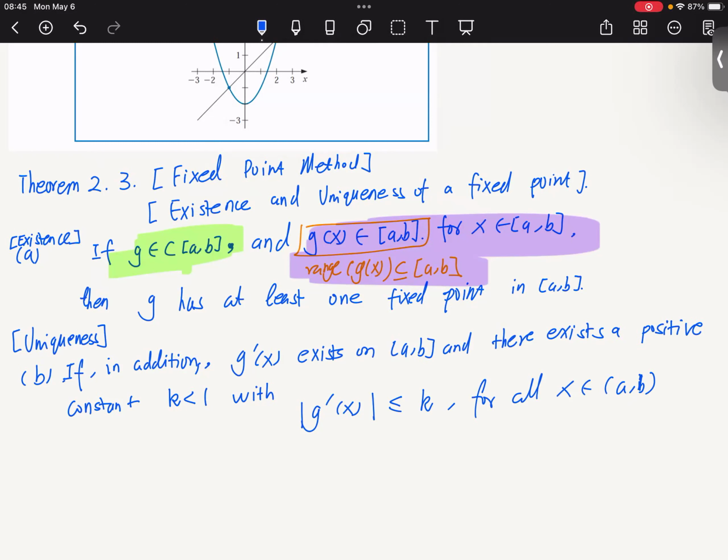If this criterion is satisfied, then we have the conclusion that there is exactly one fixed point in the interval (a, b). And this is the third criterion for this function.